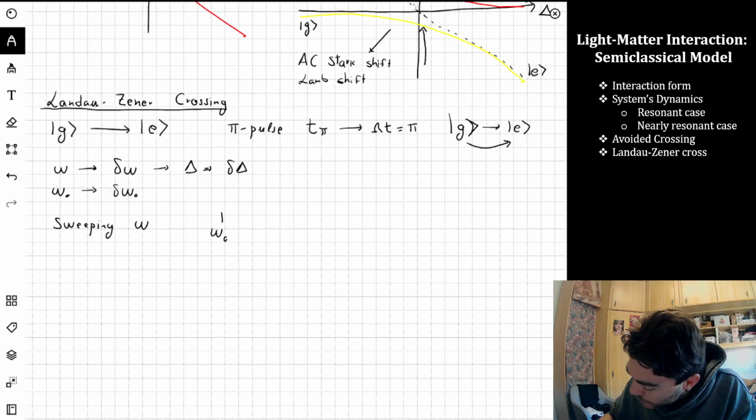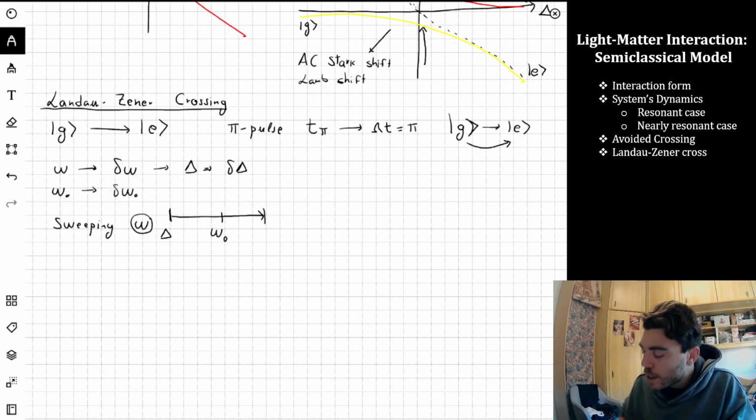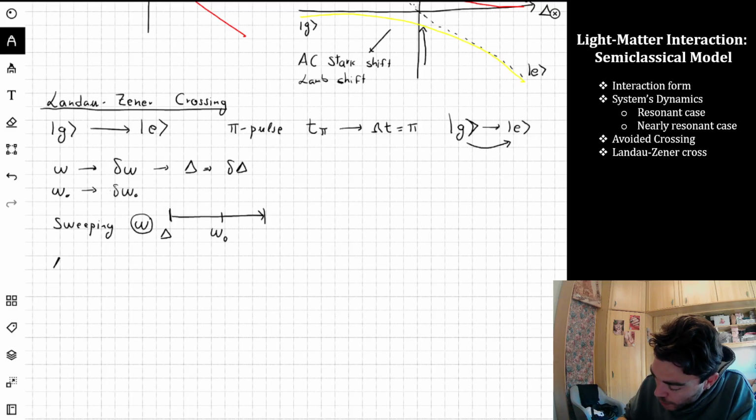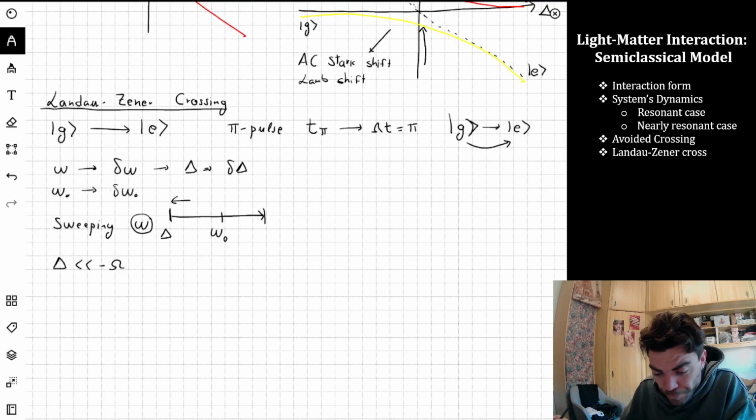So if this is omega 0, we start, let's say, here with a certain detuning, and then we sweep omega along the transition, and we have to sweep this omega sufficiently slowly. So the procedure is the following. Imagine that we start with a certain delta that is way smaller than minus omega. So we start on the left of the transition. So delta is negative.